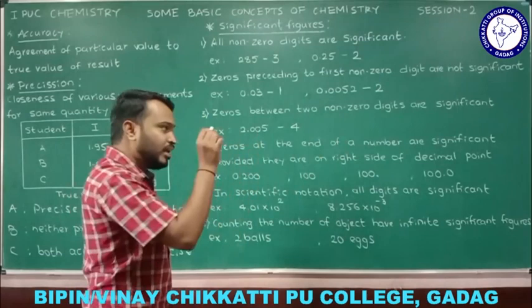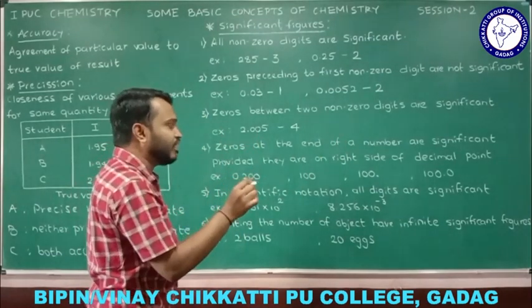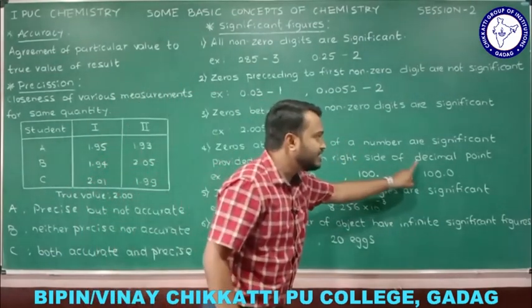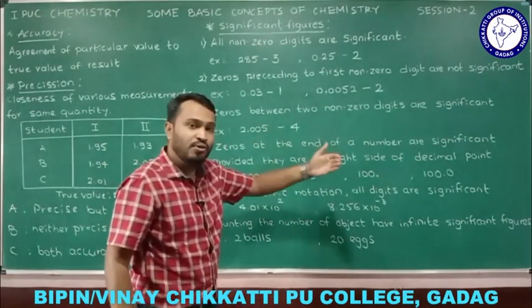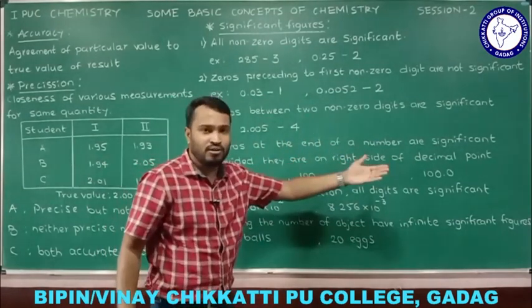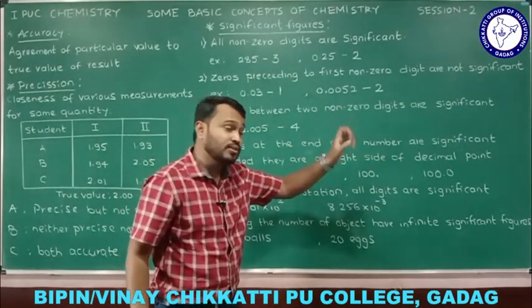If you don't have a decimal point, then a 0 present at the right end of the number is not significant.